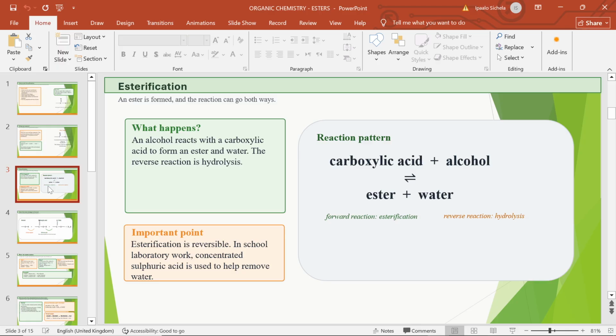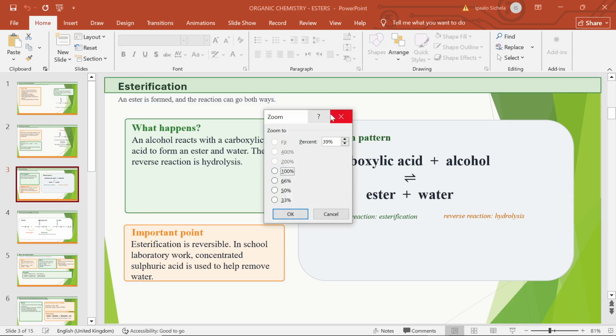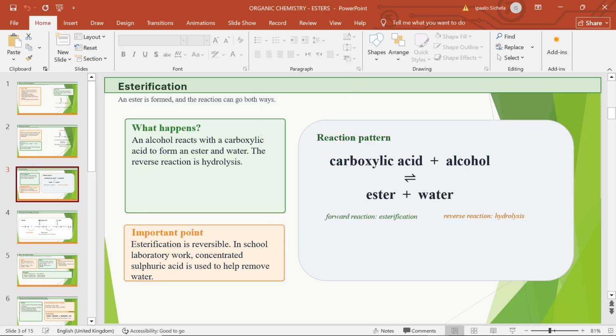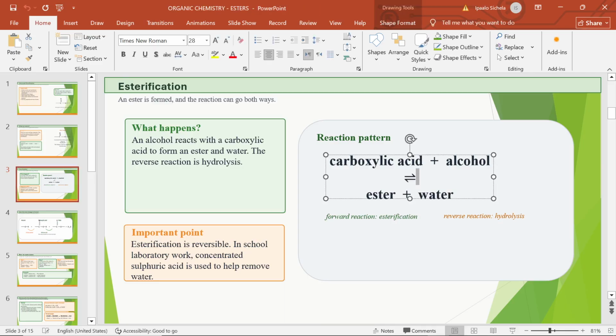And this reaction, esterification, is a reversible reaction. As you can see, these arrows here show that it is a reversible reaction. So when a carboxylic acid reacts with an alcohol, what is formed is an ester and water. And this reaction is called esterification.